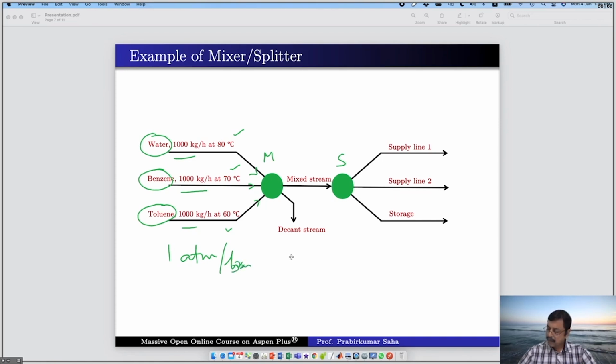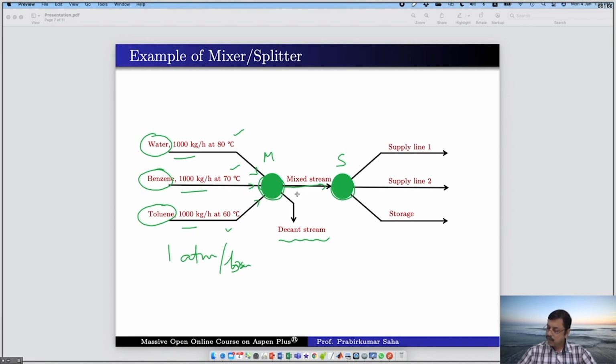So they are mixed in this mixer. The mixed stream is going into the splitter. And we have taken a decant stream also. So we will solve the problem with or without the decant stream.